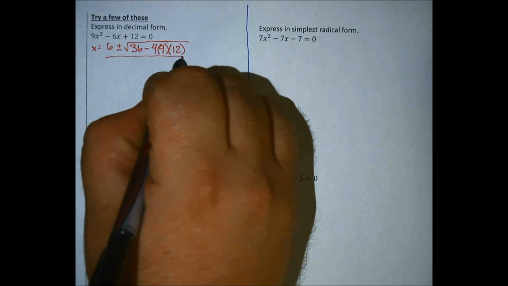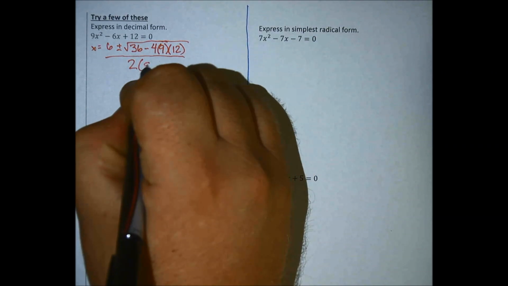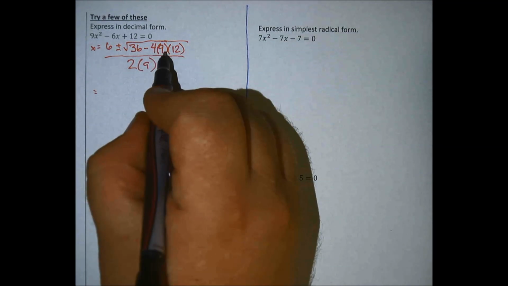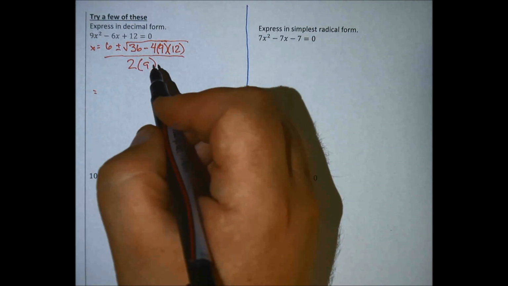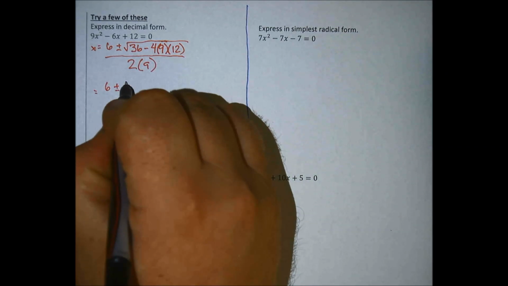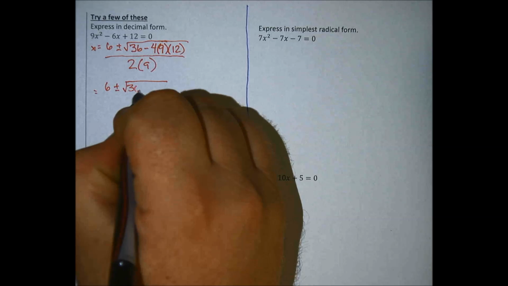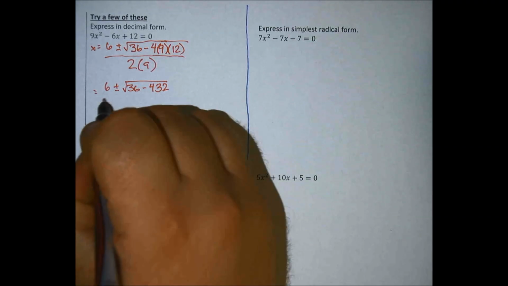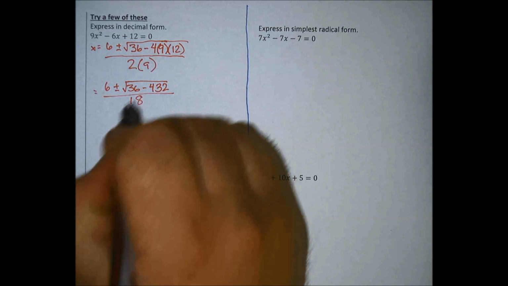Okay, and that's going to be all over 2a, so 2 times 9. All right, so we get 4 times 9 times 12. Ooh, that's a big number. Let me just rewrite until we get there. We'll have 36 minus, that ends up being 432 all over 18.